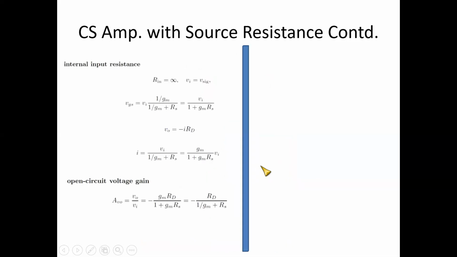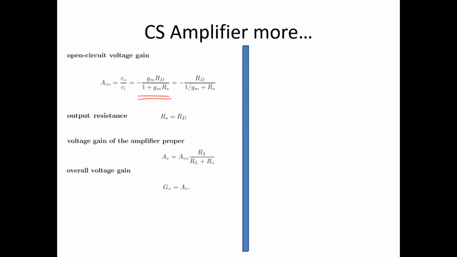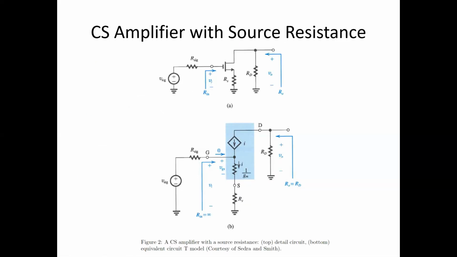So now we can find the value of I. I can be found over here, which is something like this. This is Vi, between this point and the ground. So I will be Vi divided by 1 by gm plus Rs.